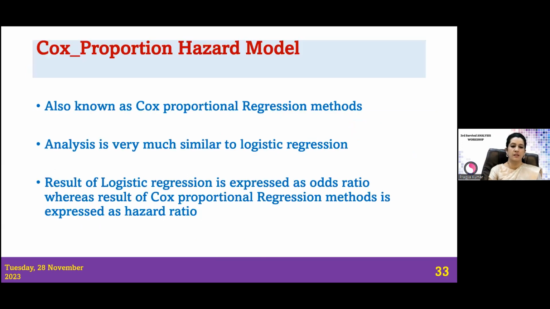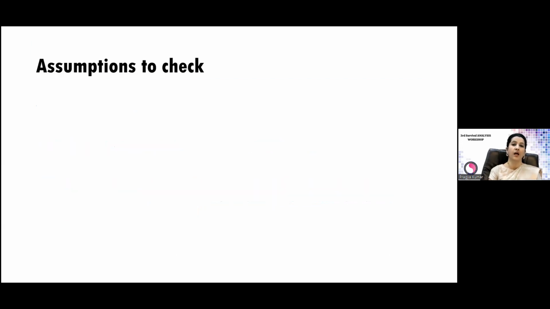This is also known as the Cox proportional regression method. Both are the same. Cox proportional hazard model and Cox proportional regression method are the same. And the analysis is very much similar. Even the interpretation is very much similar to logistic regression. The result of logistic regression is expressed as odds ratio, whereas the result of the Cox proportional regression method is expressed as hazard ratio.